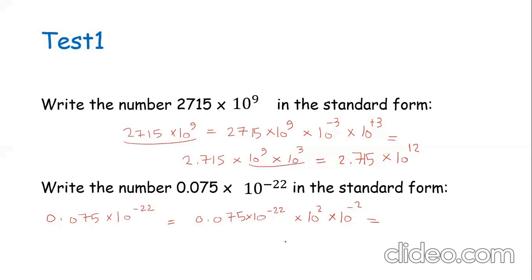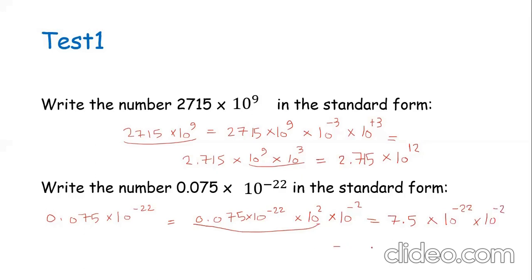Okay, so now what we get from here, the decimal point will move twice, so I will have 7.5 multiplied by 10 to the power of minus 22, and this is multiplied by 10 to the power of minus 2.